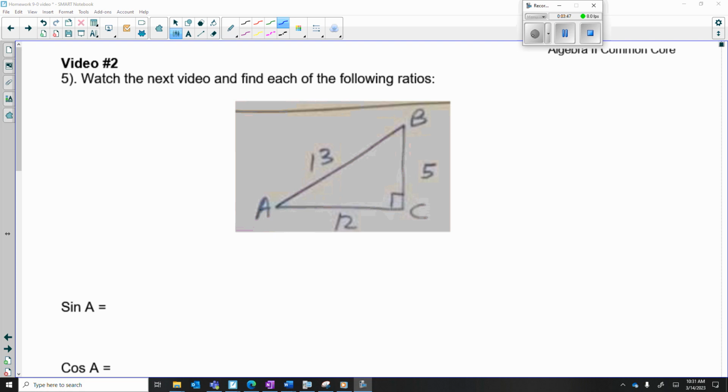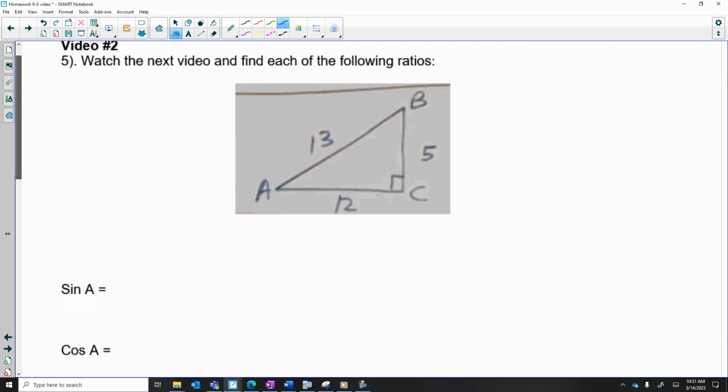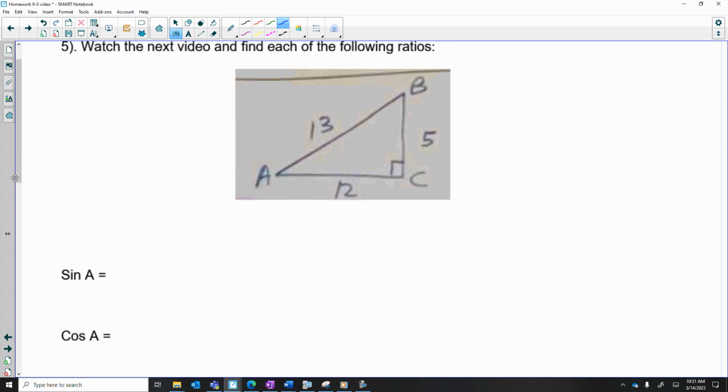Next, we're going to go to number 5. Number 5 says, find each of the following ratios. So it says sine A, cosine A, etc. Notice they're spotlighting the letter A here, so that means angle A. So let's highlight angle A here. Now, if you like, you can write SOHCAHTOA here to remind yourself the ratios.